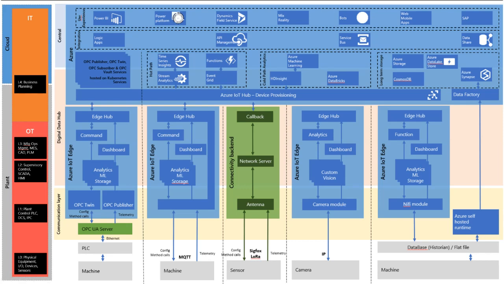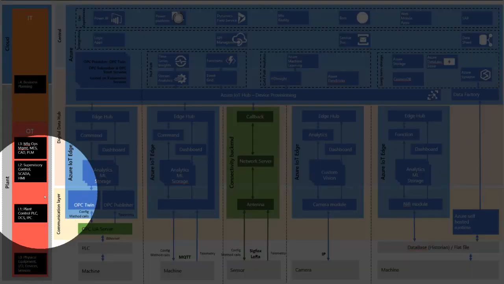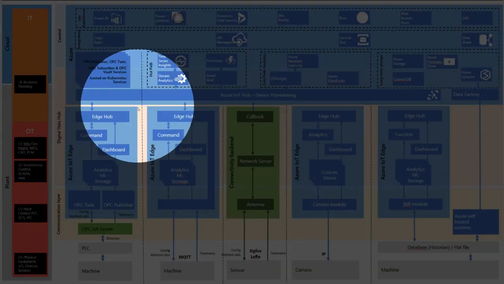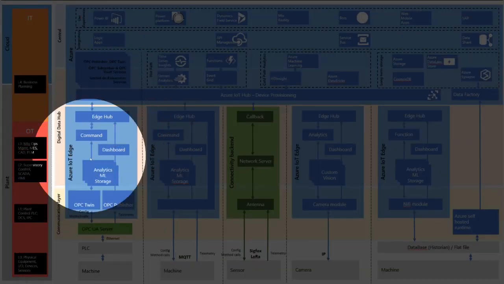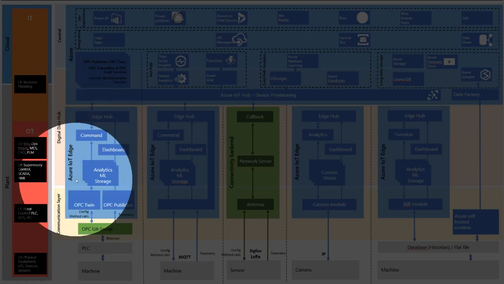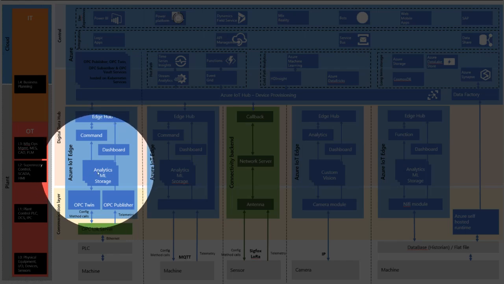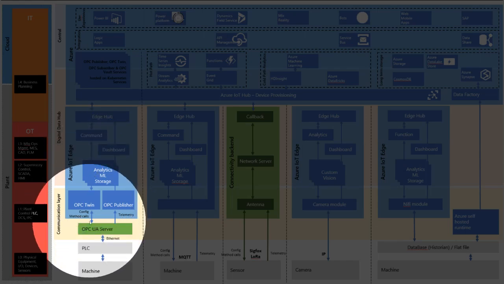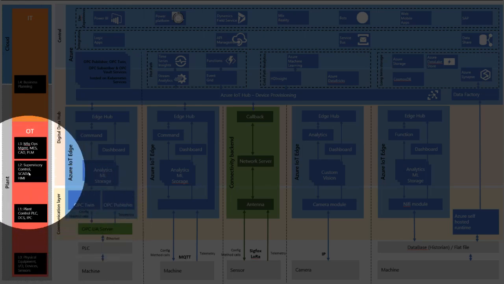This is showing a number of different machine scenarios where each one of these dashed lines represents a different machine with another IoT Edge deployed. So there's an IoT Edge. This one has some analytics, machine learning jobs running on it, and it's talking to the OPC server, the same OPC server that the supervisory station might be using to talk to the PLCs.